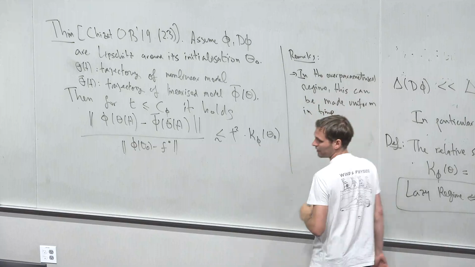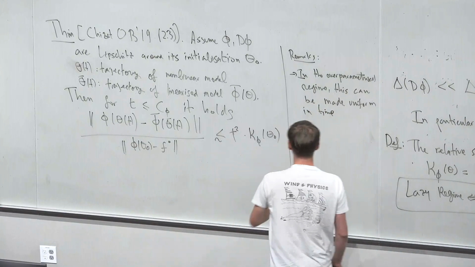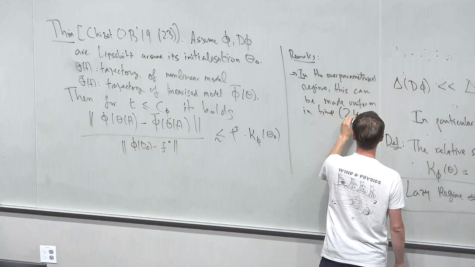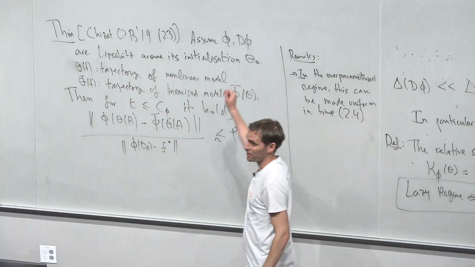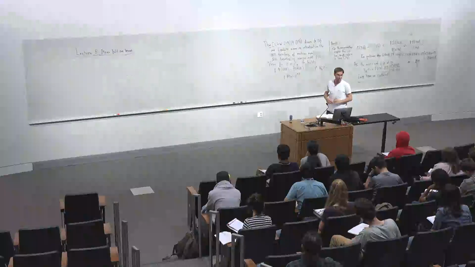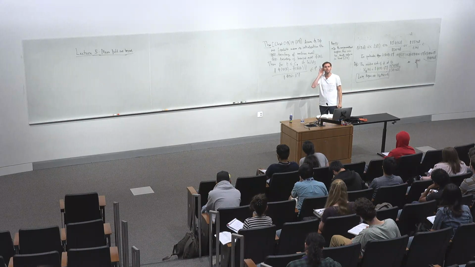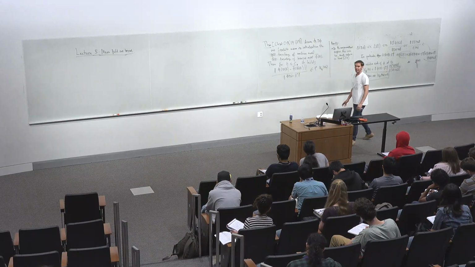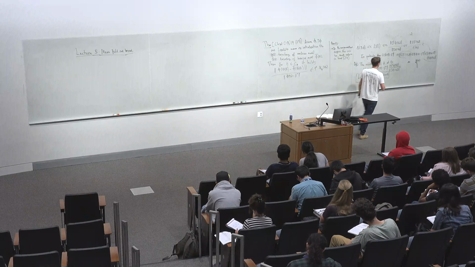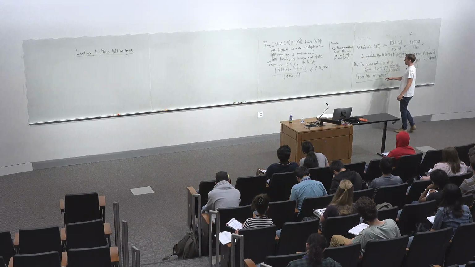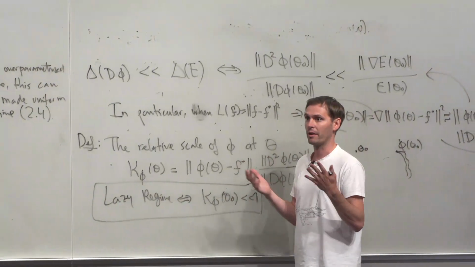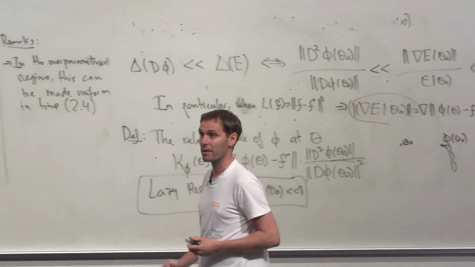And this is their Theorem 2.4. If you look at their paper, Theorem 2.4 is a version that is uniform in time of this one, with more assumptions. Yes? What are you calling over-parameterized regime? Over-parameterized regime, again in this context, would be the case where the corresponding kernel is full rank, so it has nothing in the null space.